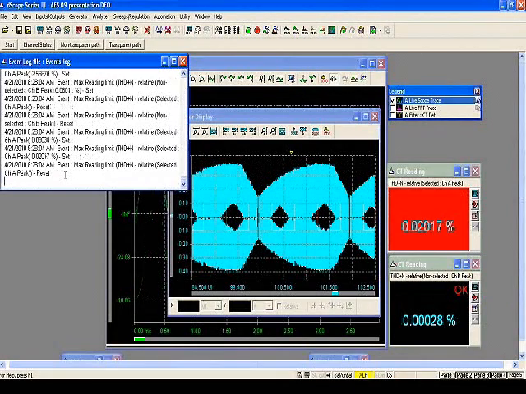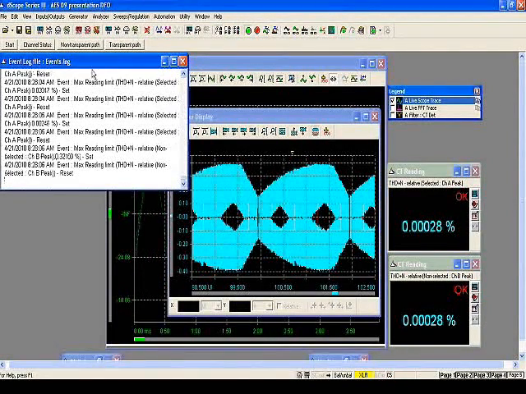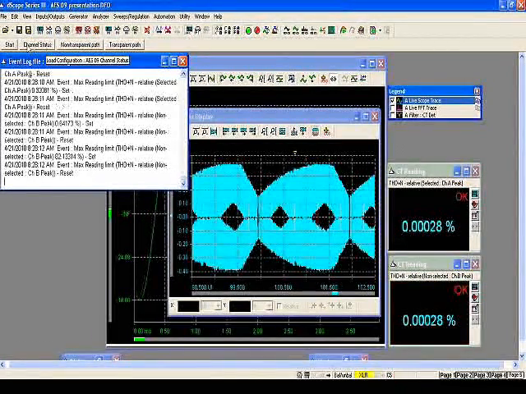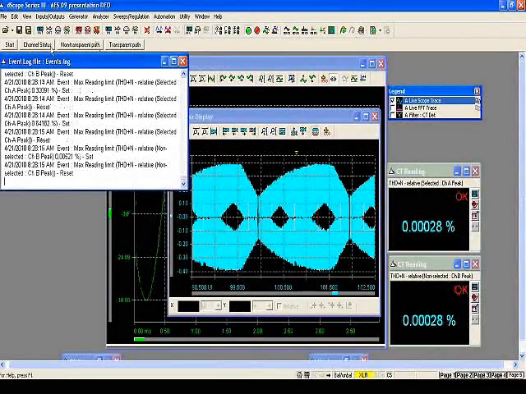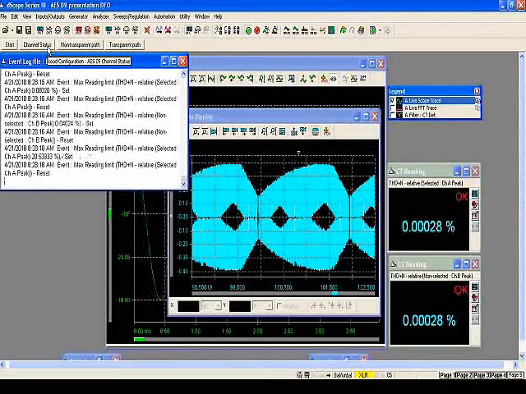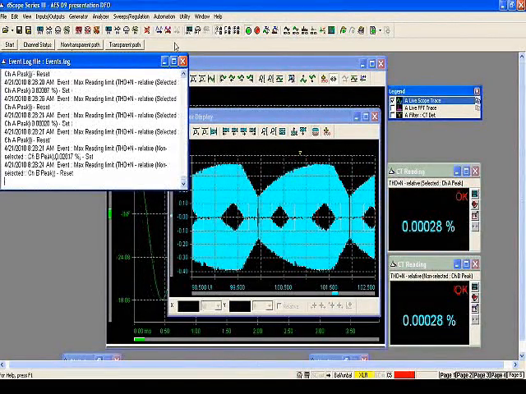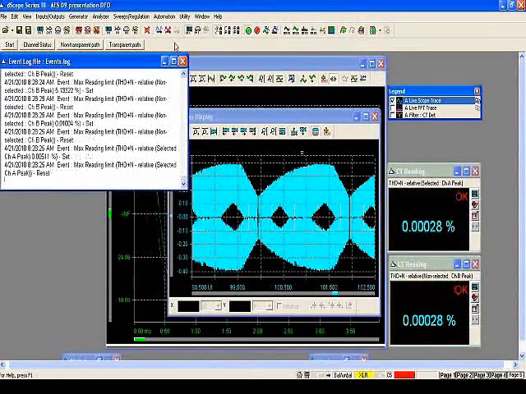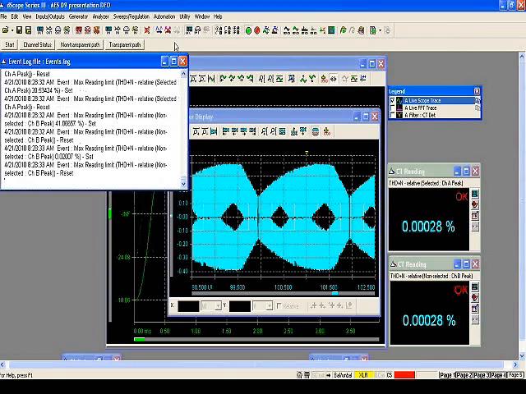Having said that, let me come up here to channel status. By the way, these buttons that you see at the top, I created these. This is another tool that the D-Scope analyzer affords you. If you're the chief engineer or someone assigned to track down these types of issues, you can create these buttons to perform specific tests.